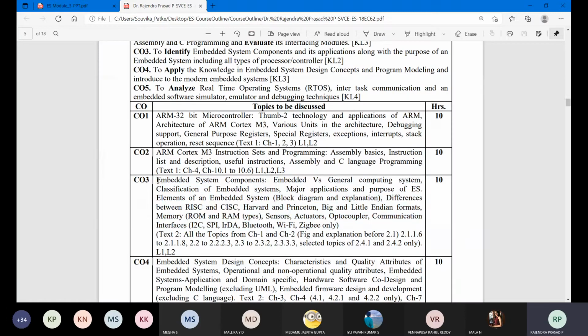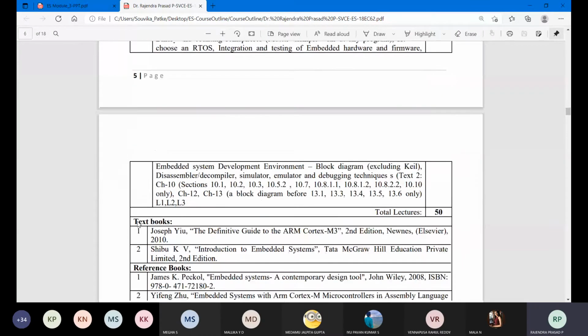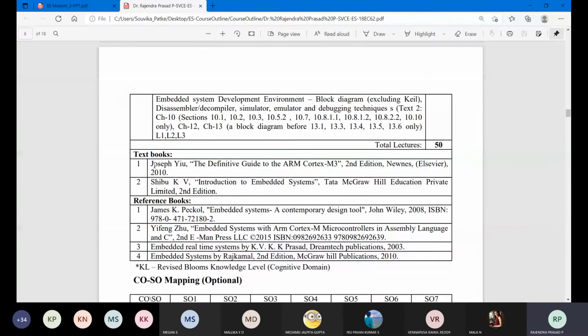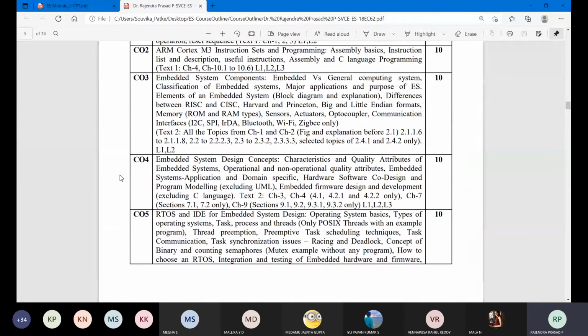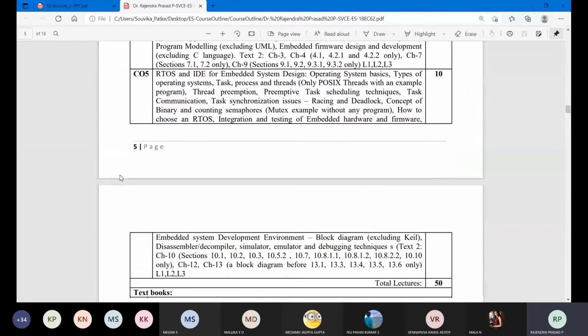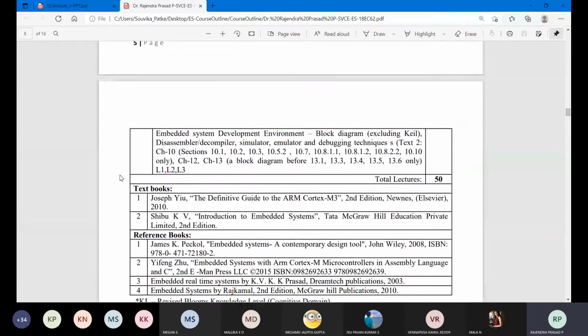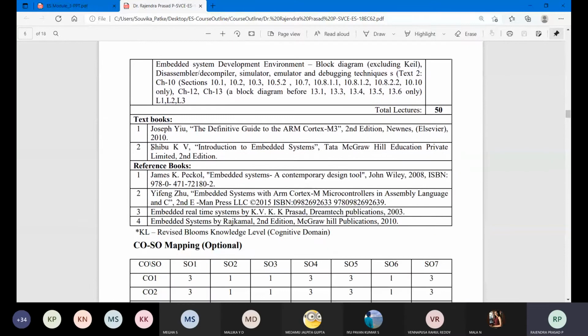Now module 1 and module 2 were with respect to text 1. Your textbook 1 was this one, Joseph Yiu, the Definitive Guide to the ARM Cortex-M3. Now module 3, module 4 and module 5 will all be from Shibu, which is your Introduction to Embedded Systems.